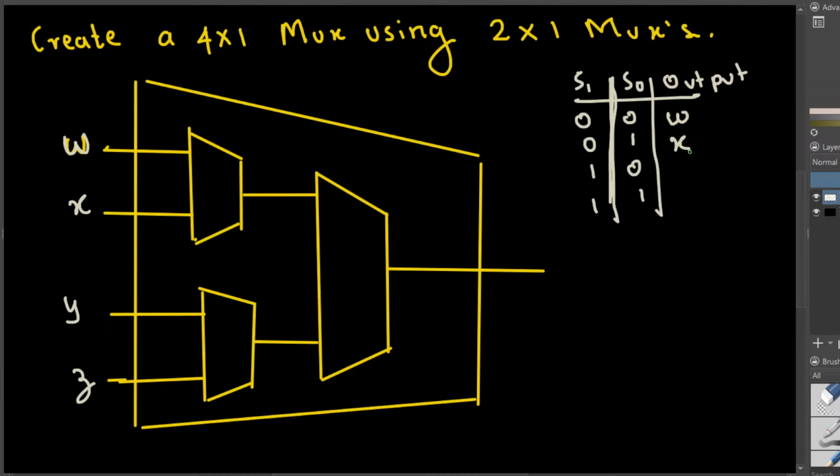And if S1 is 1 and S0 is 0, we are going to get whatever the value in pin 2, that is Y in this case. And if S1 is 1 and S0 is 1, we are going to get whatever the value is in pin 3. In this case, that is Z. If you put A, B, C, D, then those are going to be the outputs. So it depends on what the variable is in pin 0, pin 1, pin 2, pin 3. That you have to know.